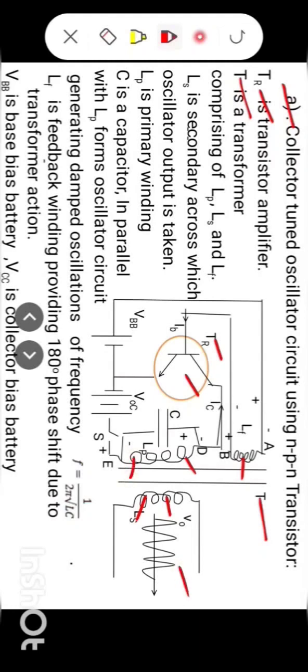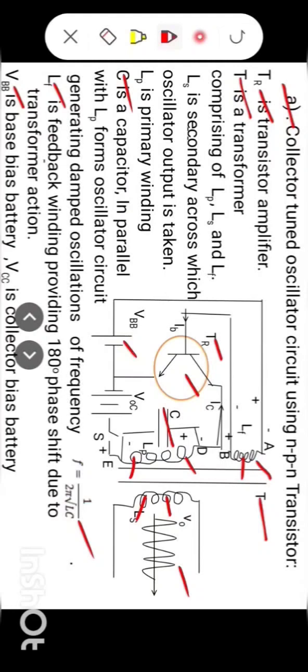LP is the primary winding. C is a capacitor in parallel with LP, forming an oscillator circuit generating damped oscillations of frequency f equal to 1 by 2 pi root LC. LF is the feedback winding providing 180-degree phase shift due to transformer action.